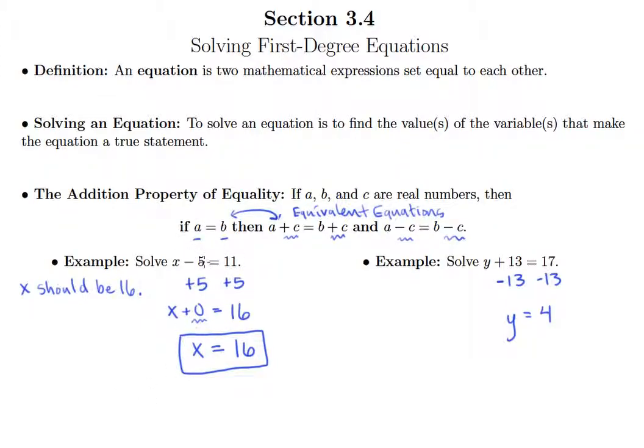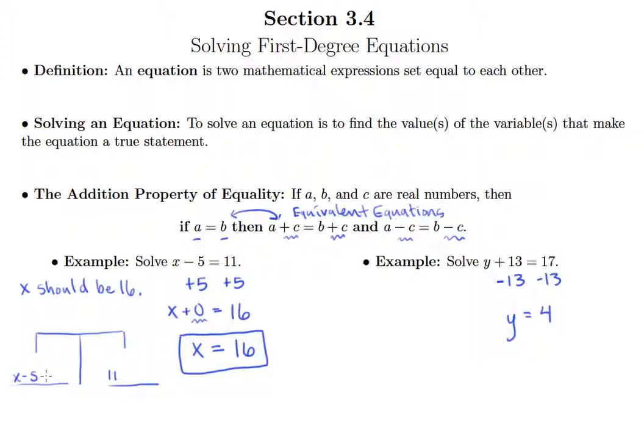One way to understand this whole thing is to think of a scale. An old-fashioned scale, not the digital ones that we stand on. At first over here we had x minus 5, and since x minus 5 was equal to 11, the scale was completely balanced.